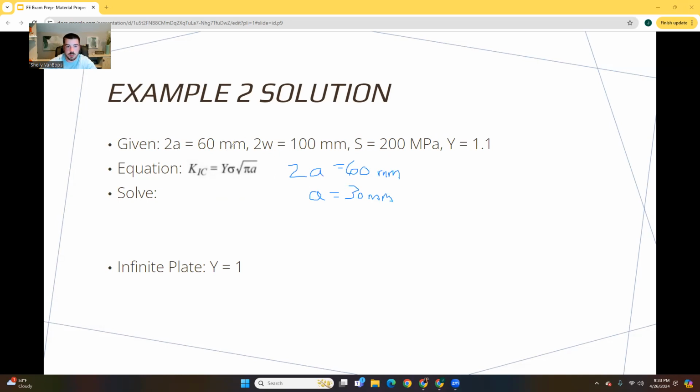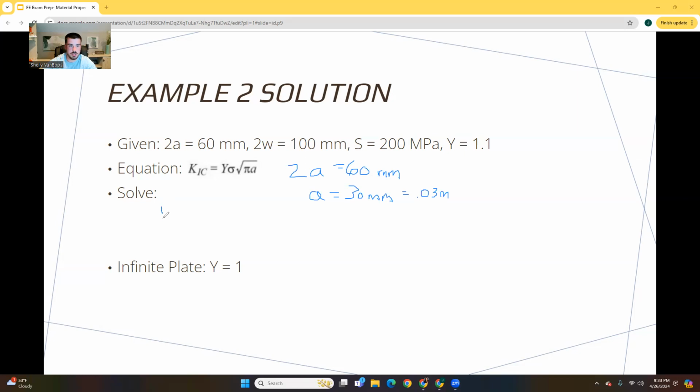However, one thing we want to pay attention to is the units given in the answers that you can select from. So I'm going to take this 30 millimeters right now and change this to meters. So we have 0.03 meters. So now it's basically plug and chug from here.